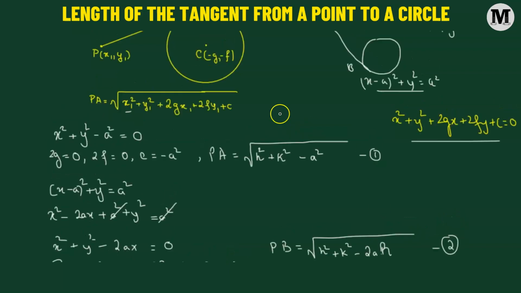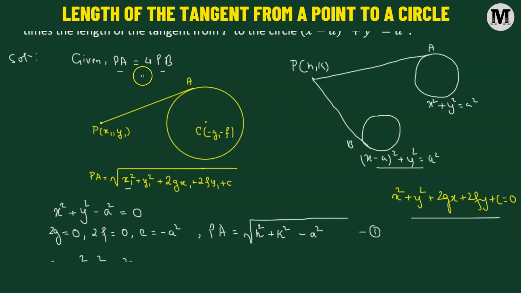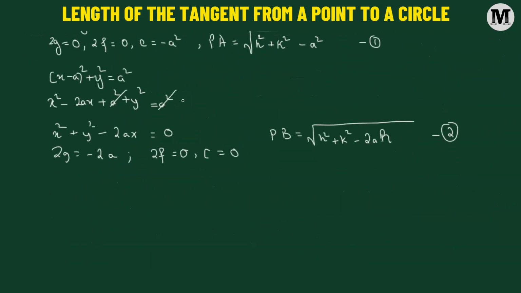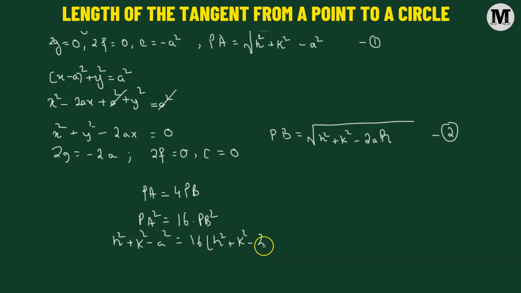Now that we have the lengths of PA and PB, let's use the condition that PA equals 4 times PB. Squaring both sides gives us PA squared equals 16 times PB squared. So PA squared will be simply h squared plus k squared minus a squared, equals 16 times PB squared, that is h squared plus k squared minus 2ah. Let's simplify this.